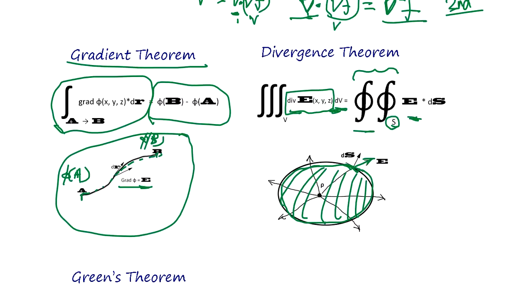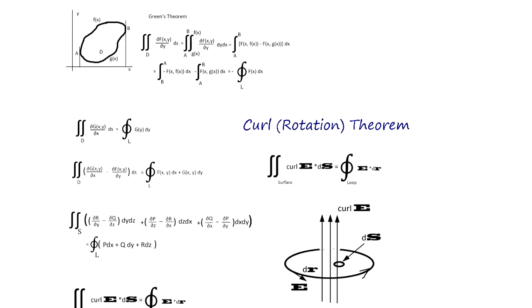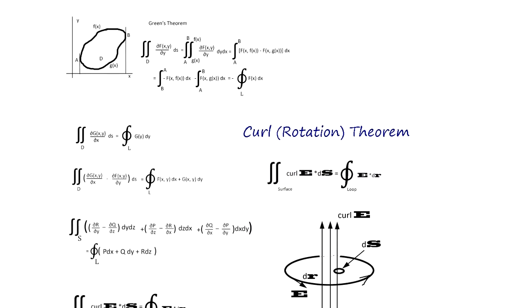Okay, so you take the E at the surface and integrate, collecting all the E coming out from this boundary, and it is equal to all the flux created within this area. That's the divergence theorem. Okay, and there is Green's theorem. Green's theorem is a little complicated, and I think you have to go through this in a textbook or some math book. I hope the math class teaches you.